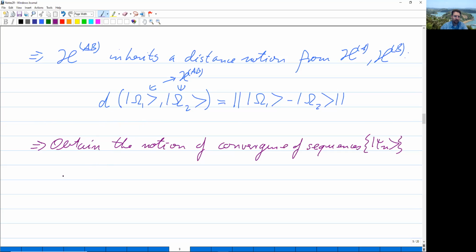Now, it would take us a bit too far to review the whole business of Cauchy sequences, but please review it from earlier in the course.